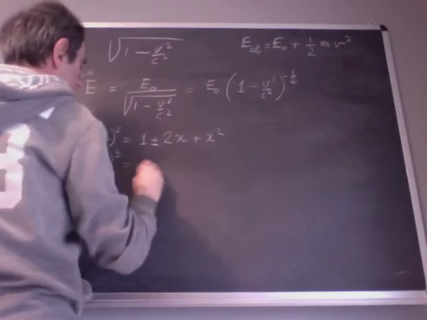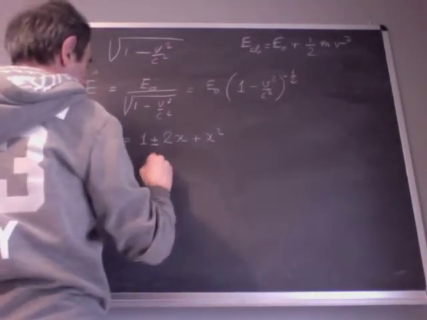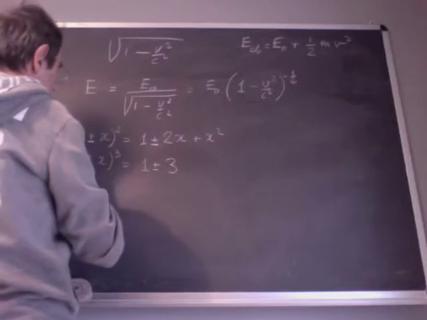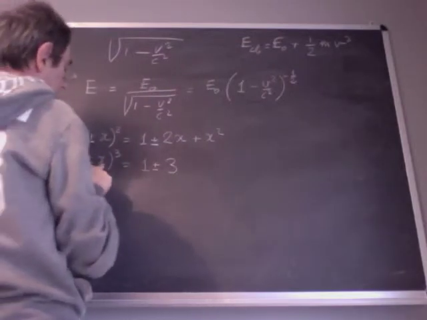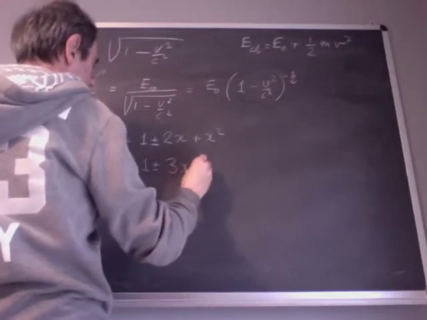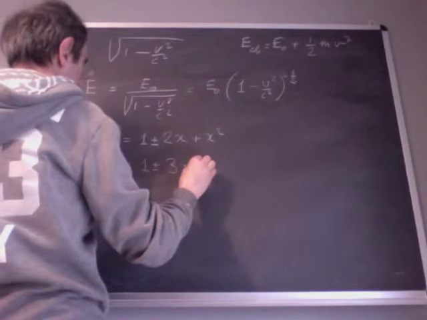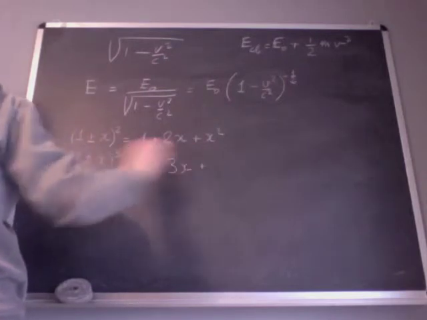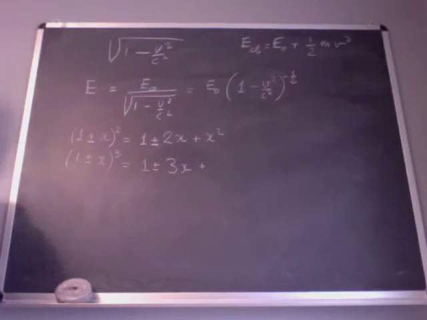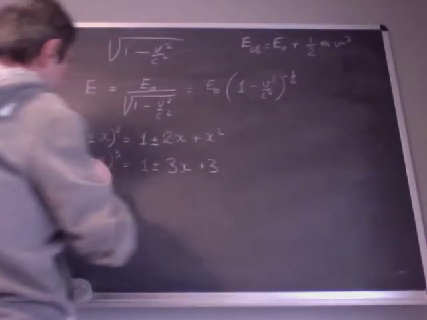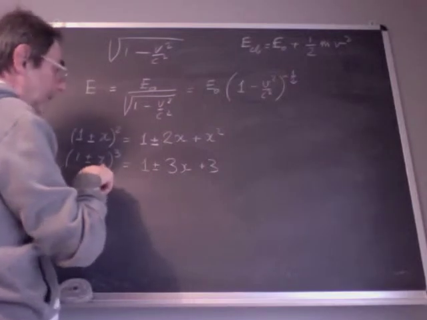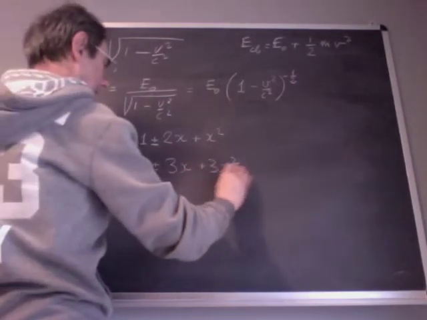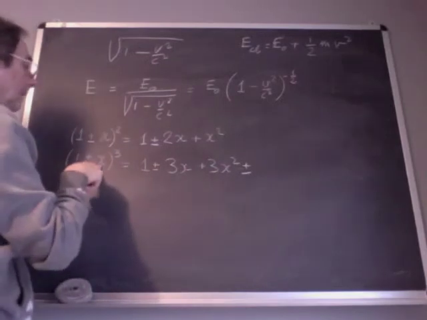You know that is 1 plus or minus 3 times the first squared, that is 1, times the second, then plus 3 times the first times the second squared, plus or minus x cubed.